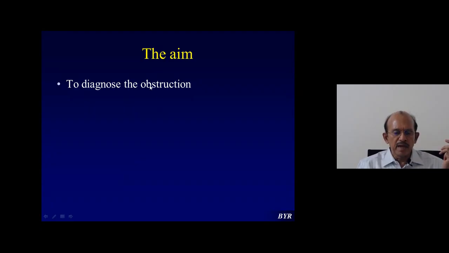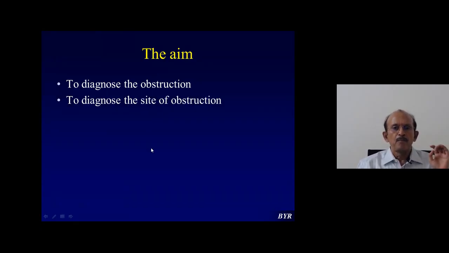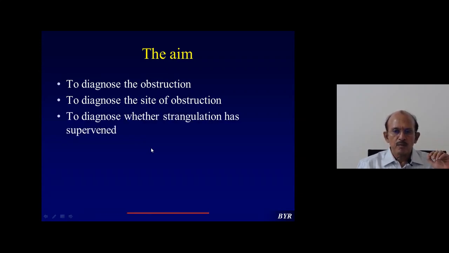So our aim is to diagnose whether obstruction is the cause or not. If it is obstruction, then where is the obstruction? Is it in the jejunum, ileum, or in the colon? And the third most important thing is whether there is strangulation present or not. So these 3 points we want to study.